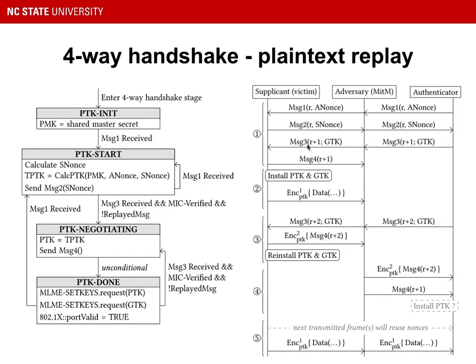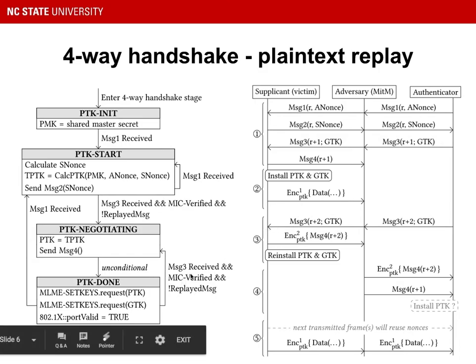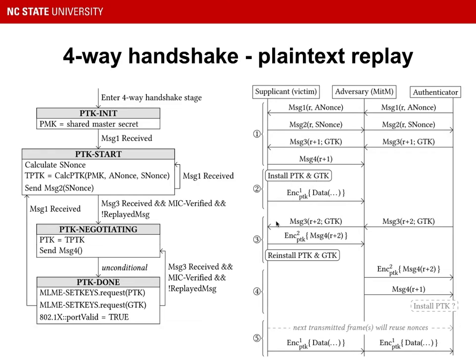The effect of that leads to the authenticator, the AP, assuming that there's something wrong on the client side, that the client was not able to receive message 3 transmitted here. So the AP will resend message 3 again.